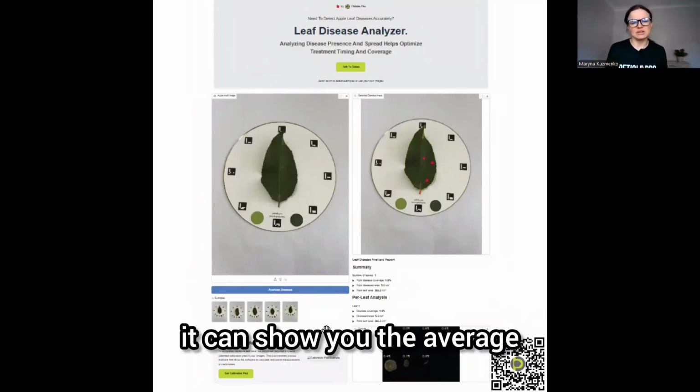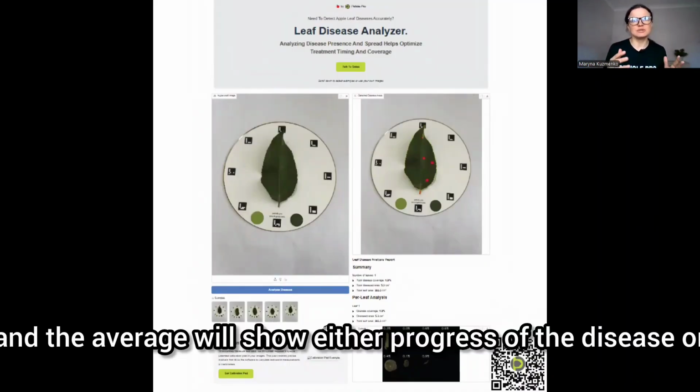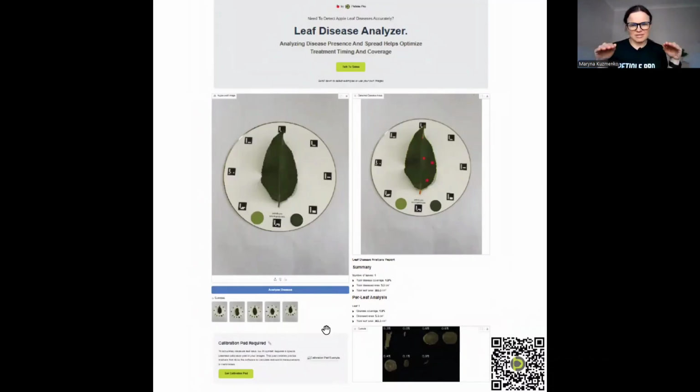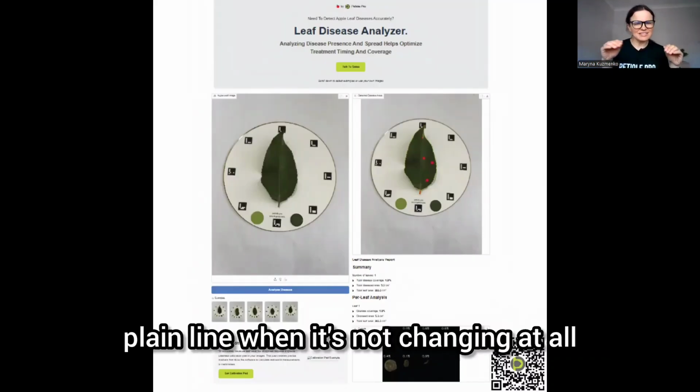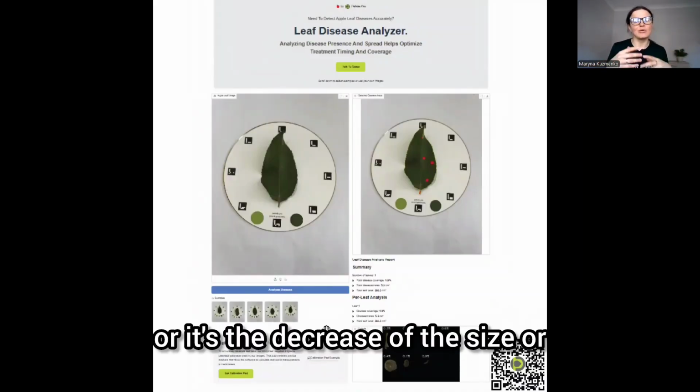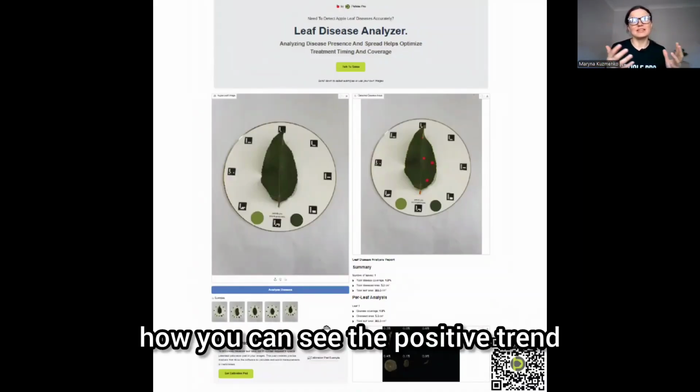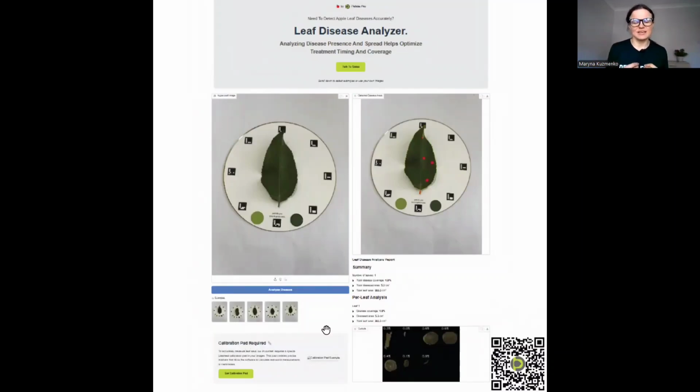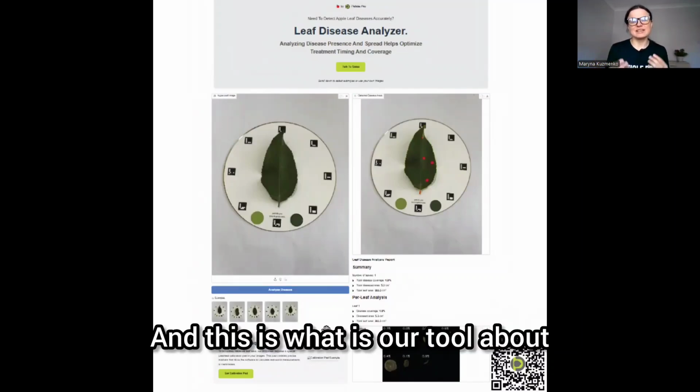It can show you the average, and the average will show either progress of the disease, a flat line when it's not changing at all, or a decrease in size, which is a positive trend. And this is what our tool is about.